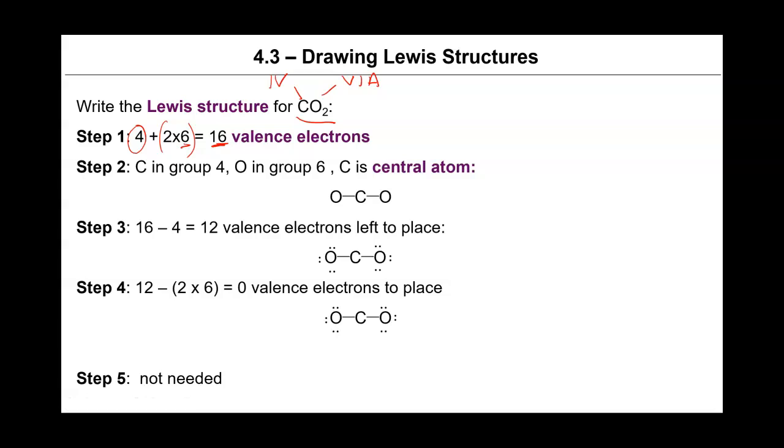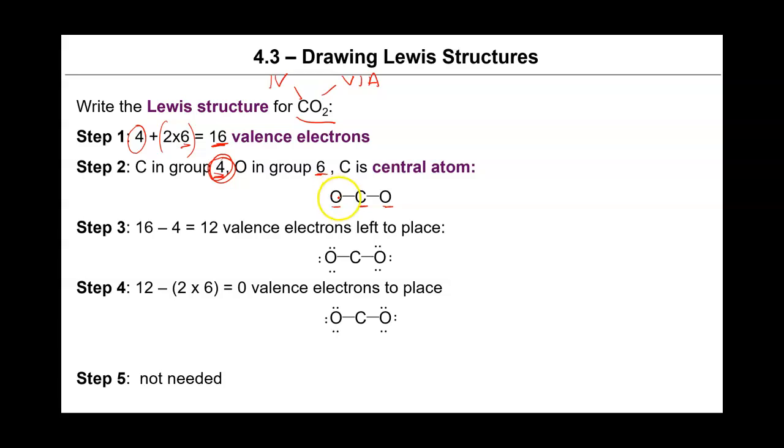So now we have to decide what atom goes in the middle. Well, as we mentioned before, carbon is in group 4, oxygen is in group 6, so 4 is smaller than 6, so carbon goes in the middle and the oxygen goes on the outside.